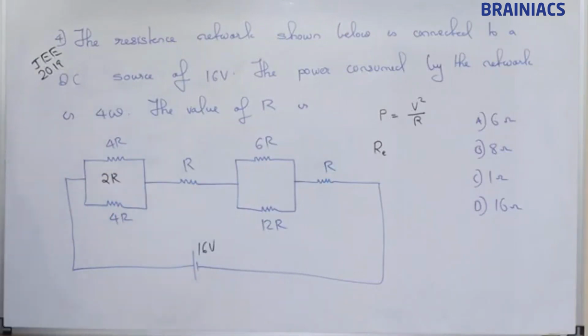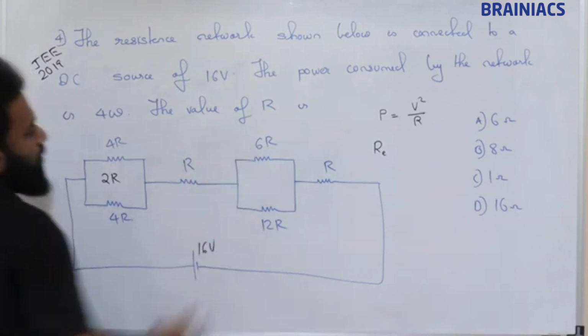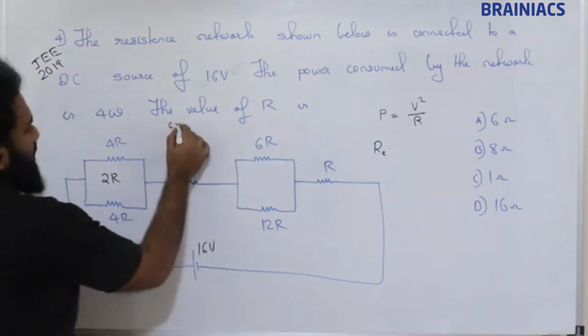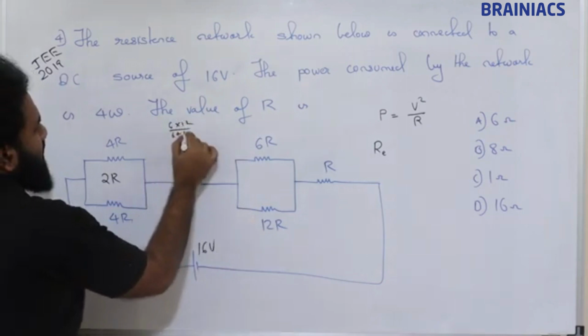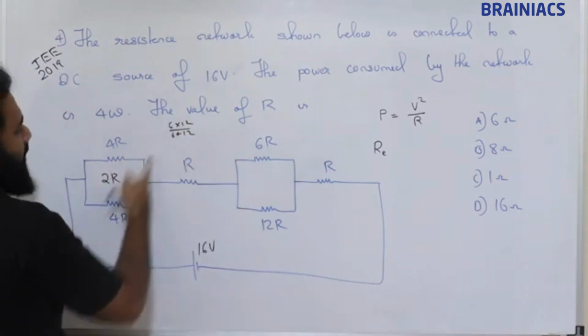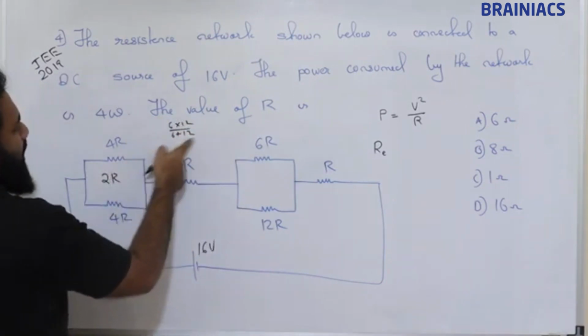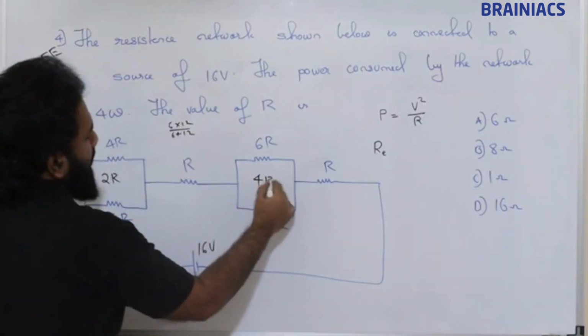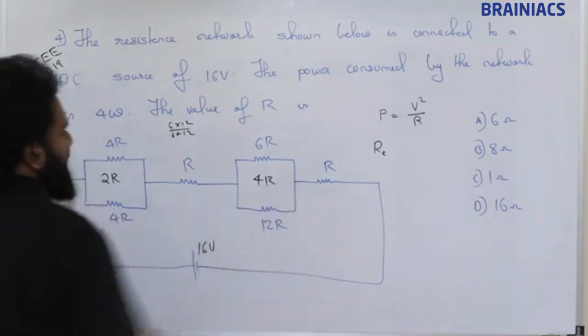This is R. 6R and 12R: 6 into 12 by 6 plus 12, if we do that, what will we get? The denominator is 18, so 12 into 6 by 18 is going to be 4R, and this is R.